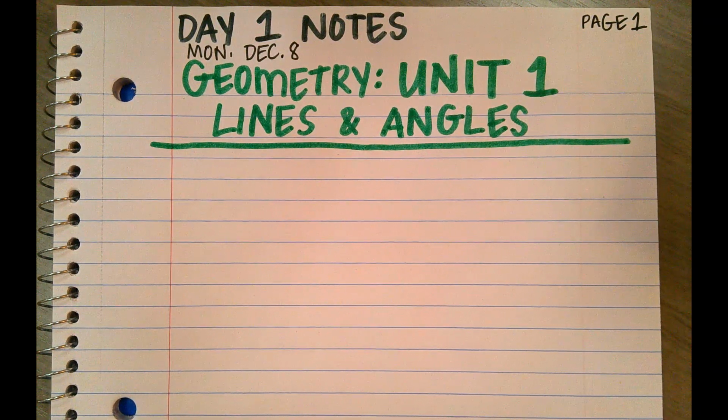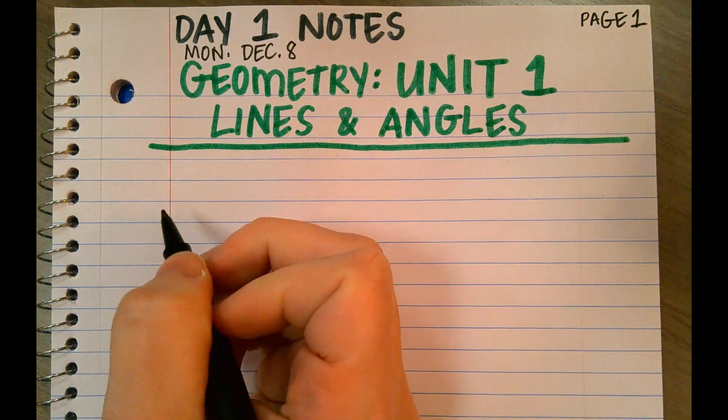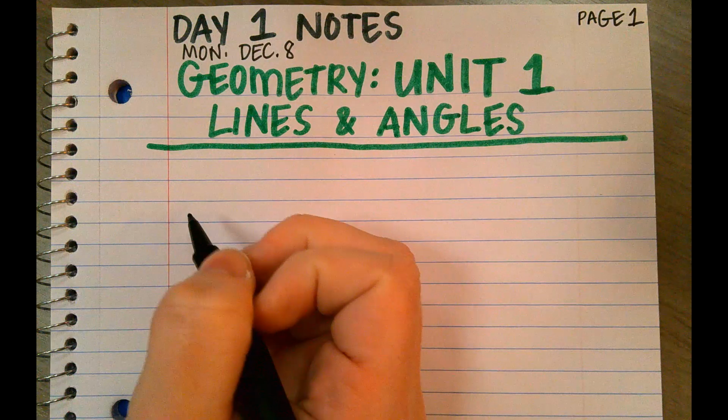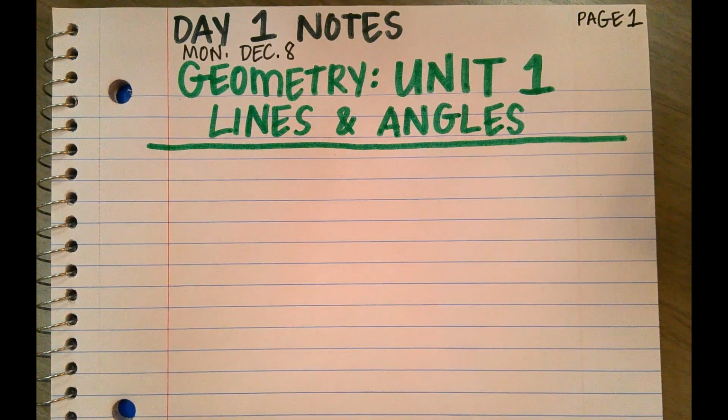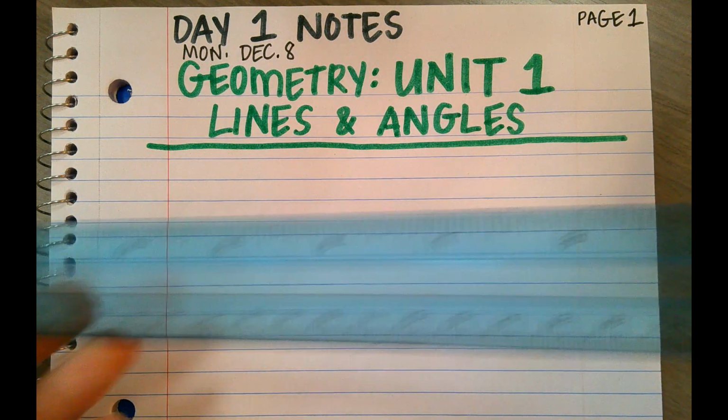Now, what we will start with today is we're going to draw a line. At your tables in the little rectangle bins, there should be a ruler. So everybody grab a ruler.